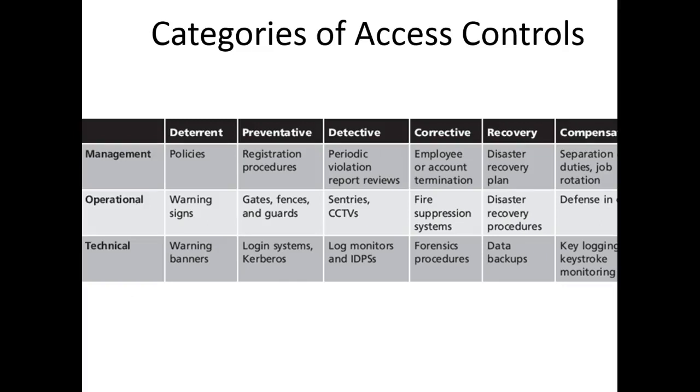This table shows examples of controls categorized by their characteristic, as well as the impact they can have on the operation. For example, for recovery, the management could come up with a disaster recovery plan. The operations part of the organization can come up with a disaster recovery procedure, and the technical guys can come up with data backup.